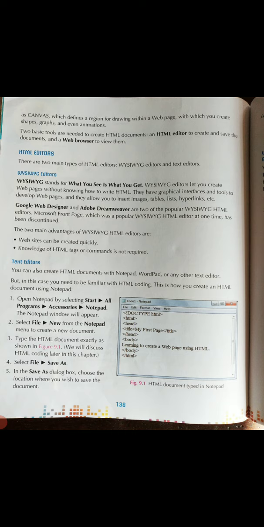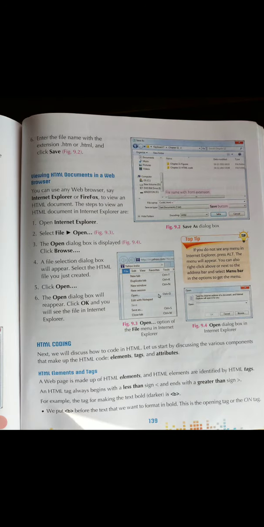Then I have explained about the WYSIWYG editor and its advantages. In my next class, I will explain about the text editor, then how we can view an HTML document in a web browser, and a few codes of HTML.